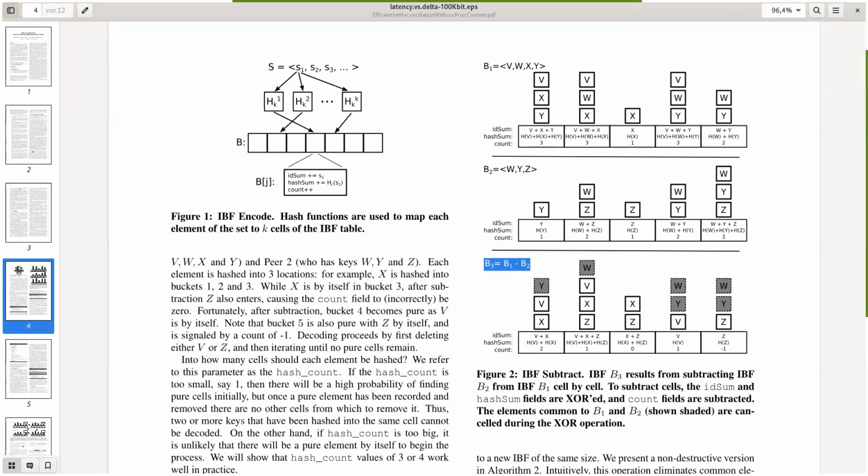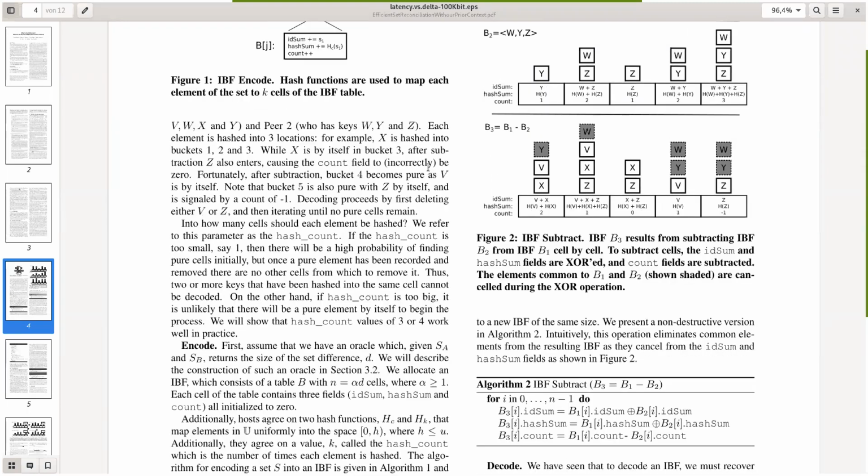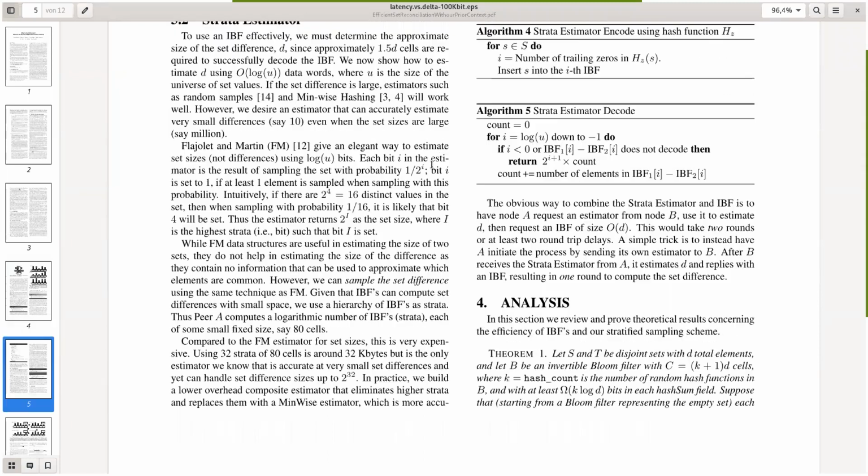So I have a question about the strata estimator. In Algorithm 4 that they have specified, the last step is insert S into the ith IBF. Is it similar to what they are doing for the IBF, like k hash functions and storing it?